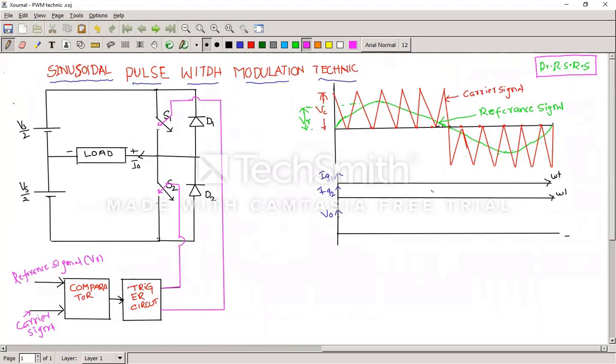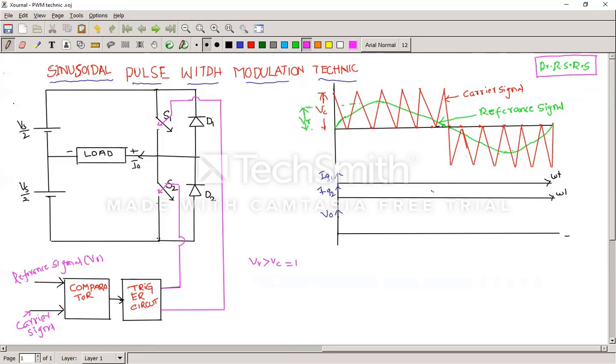Here the reference signal is a sine wave, the carrier signal is a triangular wave. Again we are writing the logic circuit here, comparator as well as the logic circuit. We are writing the logic in such a way that if VR is greater than the magnitude of VC, then output is 1, otherwise 0.